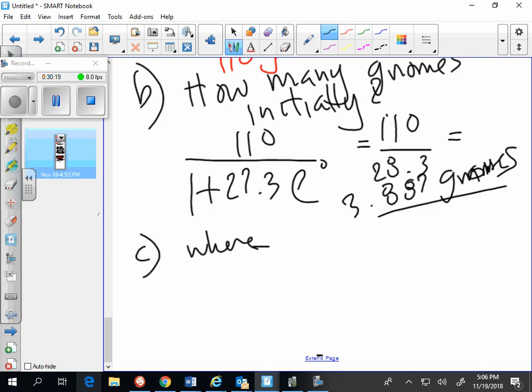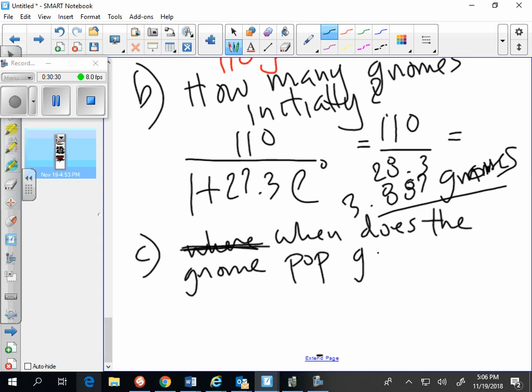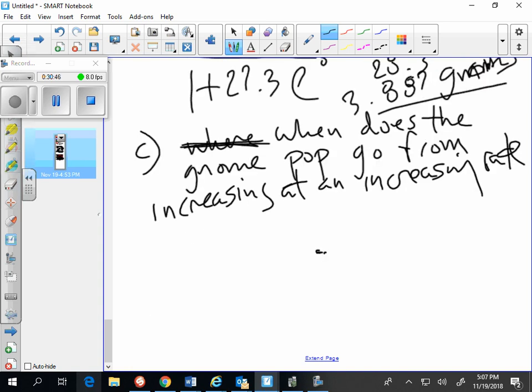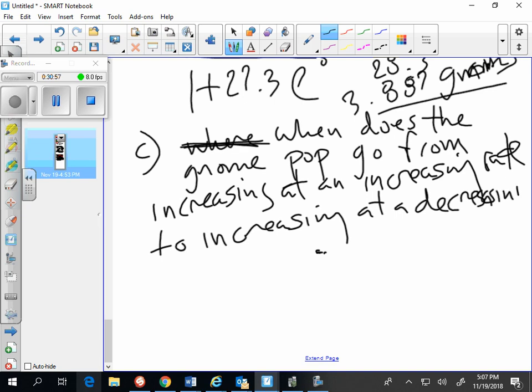When does the gnome population go from increasing at an increasing rate to increasing at a decreasing rate?